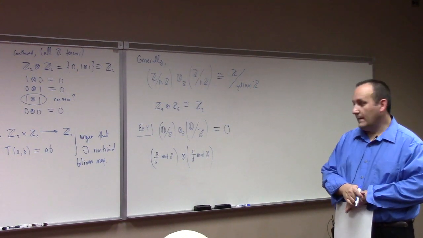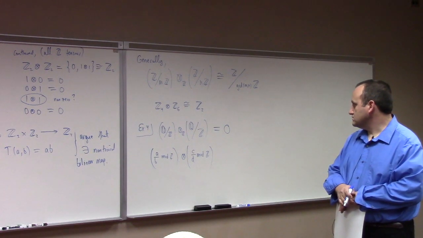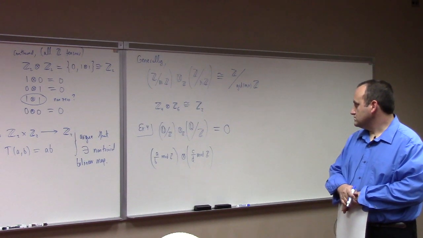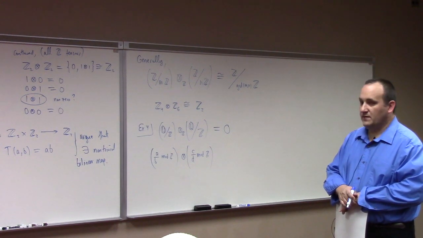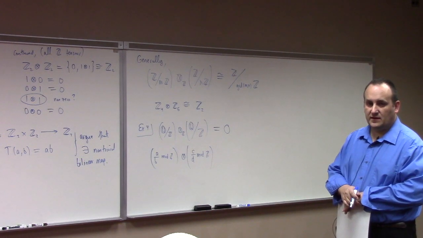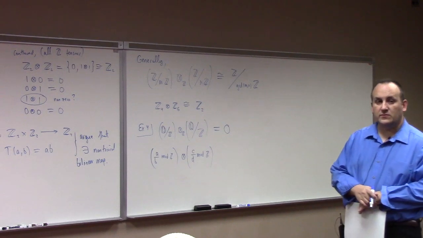From the example above, Z4 tensor Z6, is there only going to be one thing that's non-zero, or could 1 and 5 both be non-zero? If we believe what's written, there will be a way of taking those two non-zero things and seeing that they're equal. What are your two non-zero things?